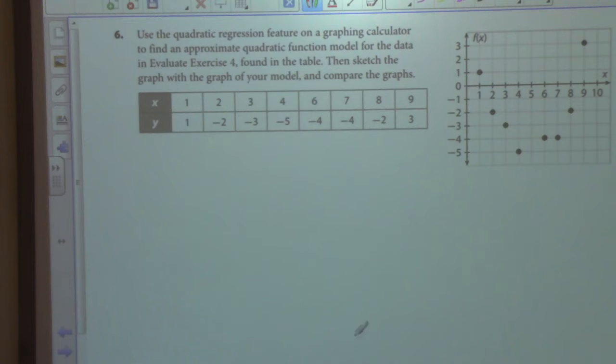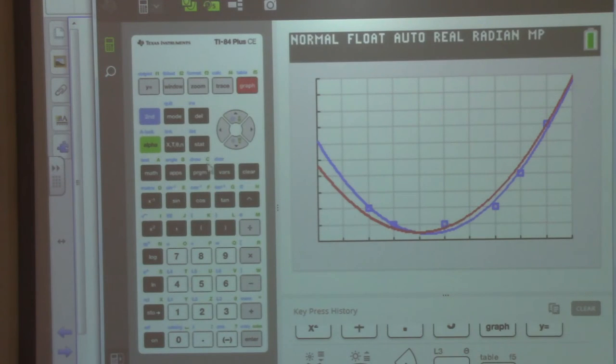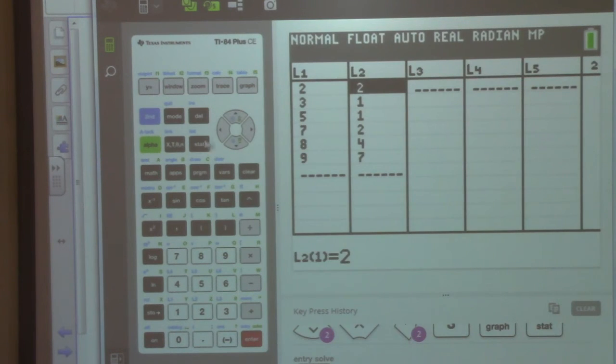How'd you do this one? You go into stat edit and come on to the chart. So stat edit, he says, and put them all here. So what's going over here? 1 through 9.